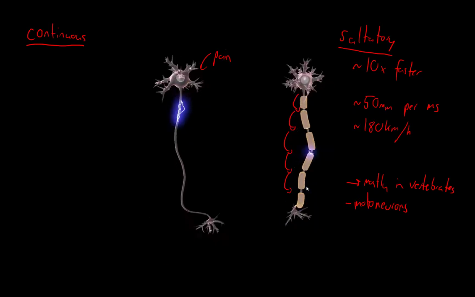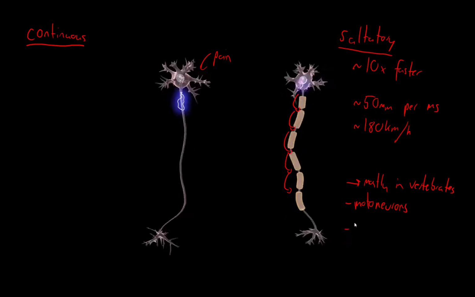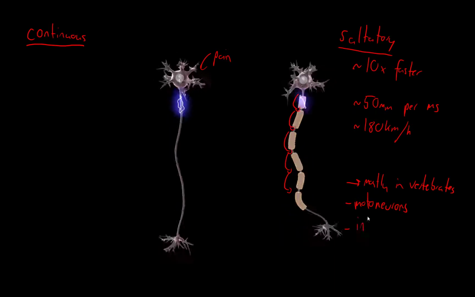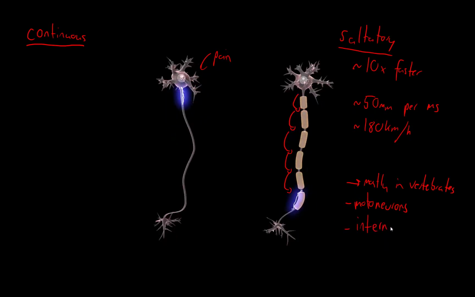Something else that needs to go incredibly fast is your brain. Inside the brain, the interneurons that communicate within the brain are usually also saltatory.